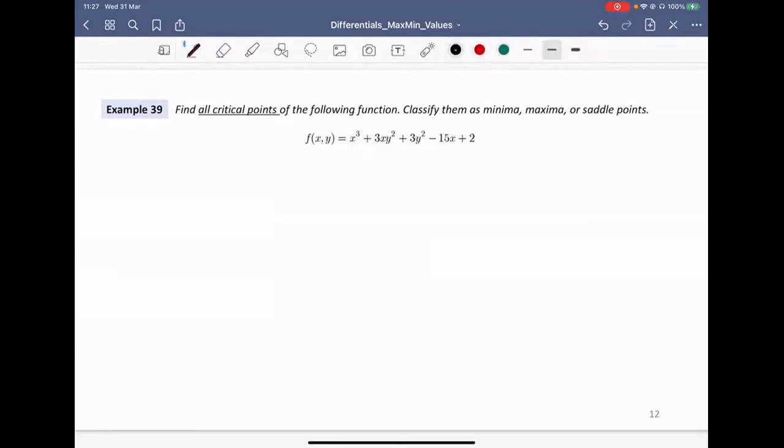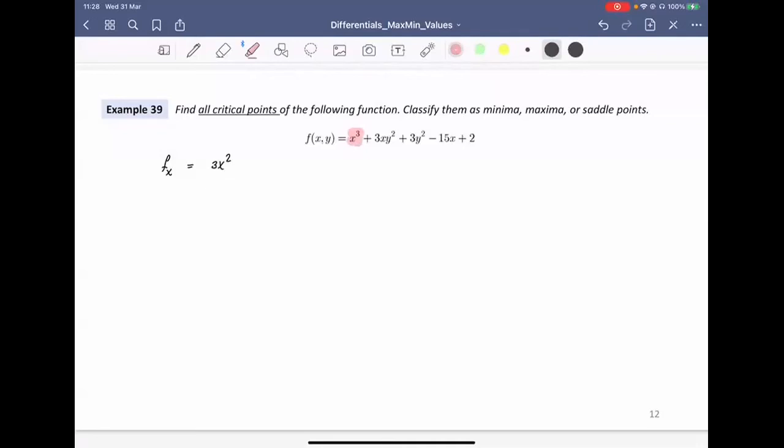Here I have this function, right? We're going to do the same thing as before. We're going to differentiate one time first. F subscript x, differentiate with respect to x. So I get 3x squared. You have to be careful now.